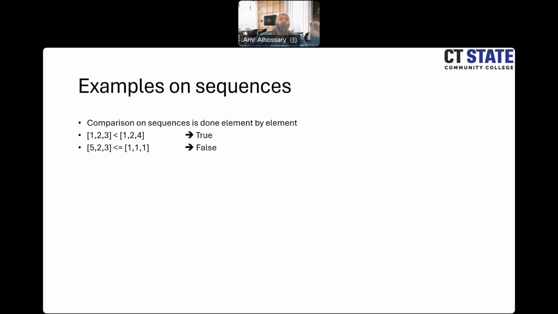Similarly, 5, 2, 3: is it smaller than or equal to 1, 1, 1? Now we know we start with 5 compared to 1.